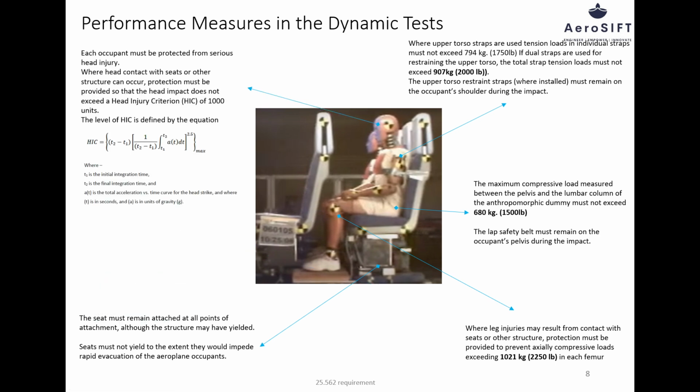And each occupant must be protected from serious head injury. So, where head contact with the seats or other structure can occur, protection must be provided so that the head impact does not exceed the head injury criteria of 1000 units, and that is calculated by this equation. So, that concludes the requirement aspect of this particular regulation.